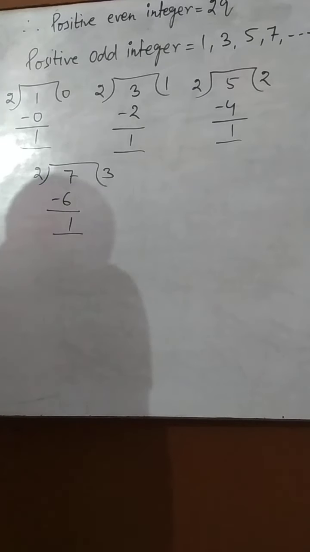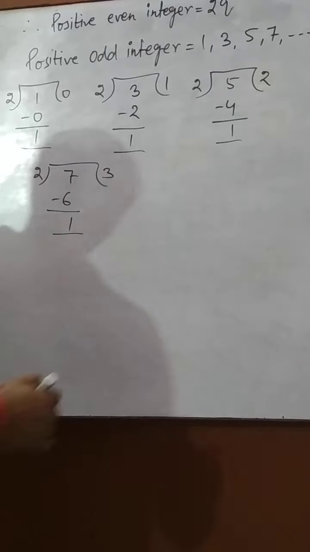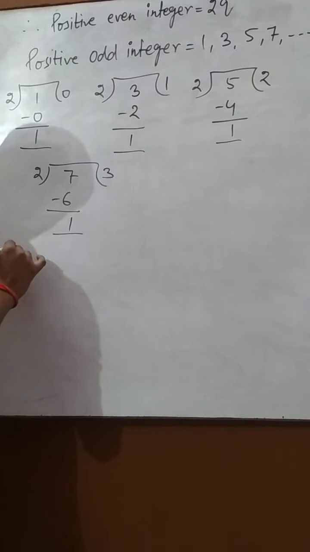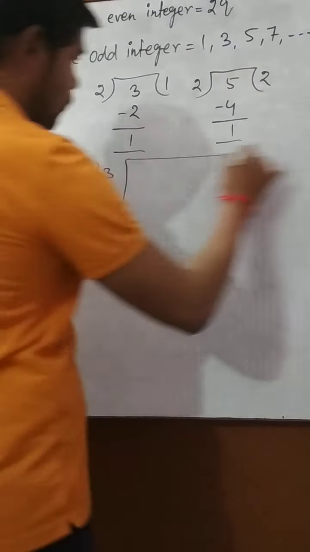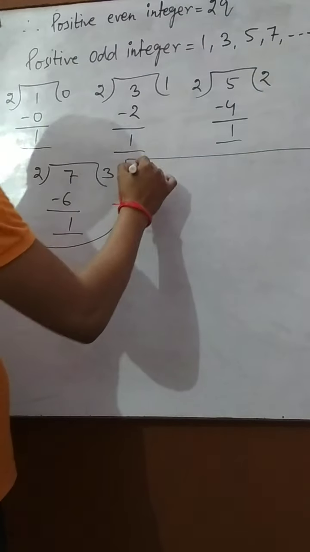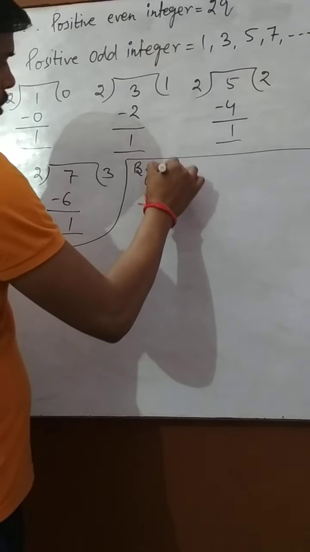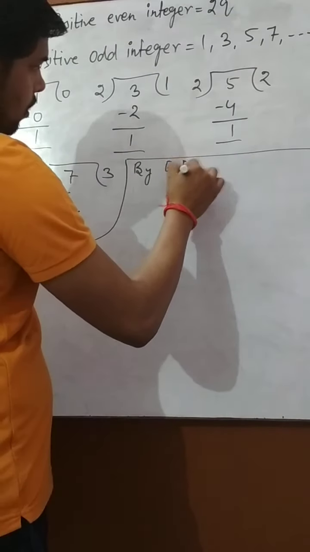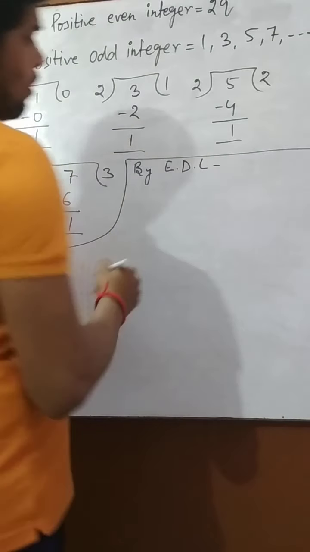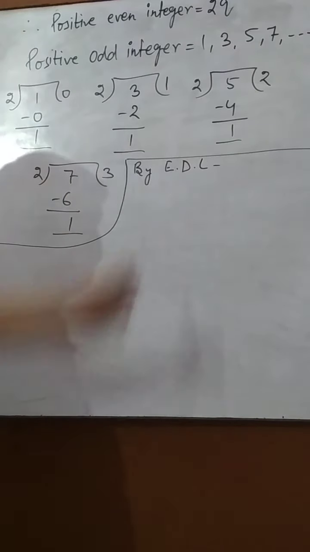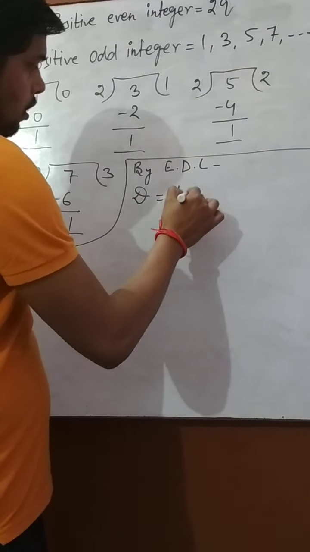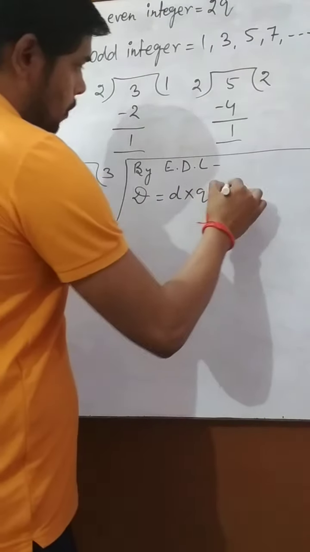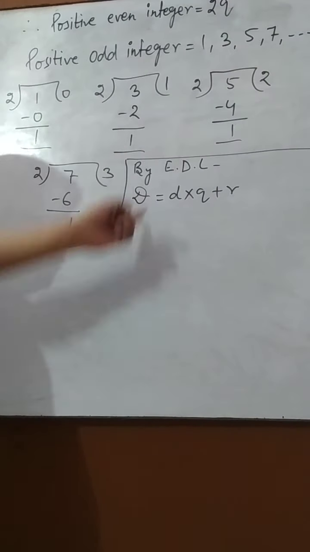Again, what will you write? By Euclid's division lemma, EDL. I am going to write here because of the space issue. Dividend equals divisor into quotient plus remainder. You can also write in this form.